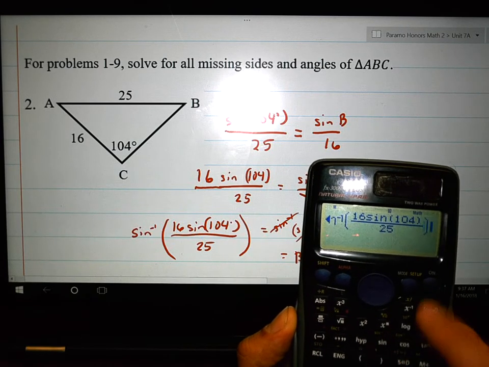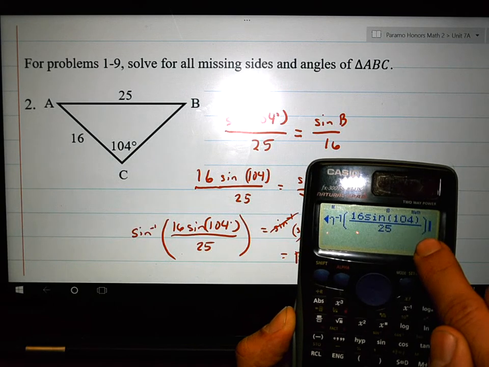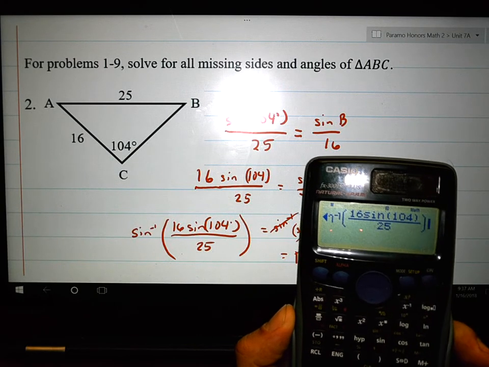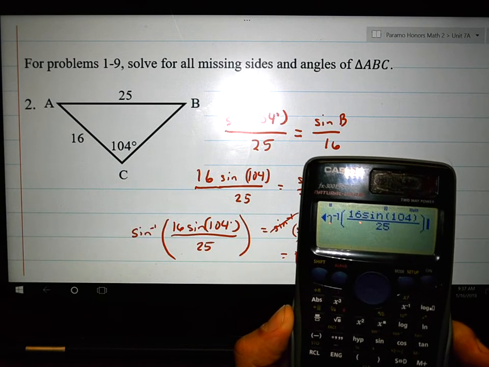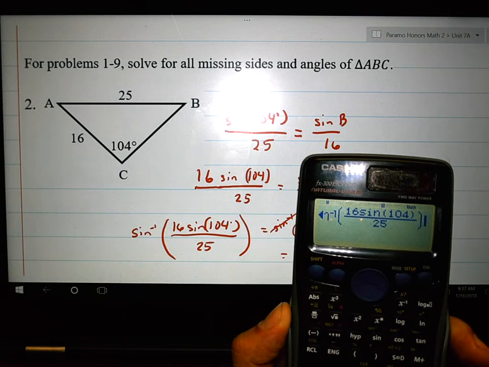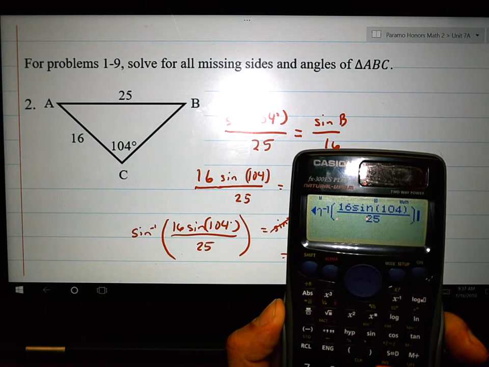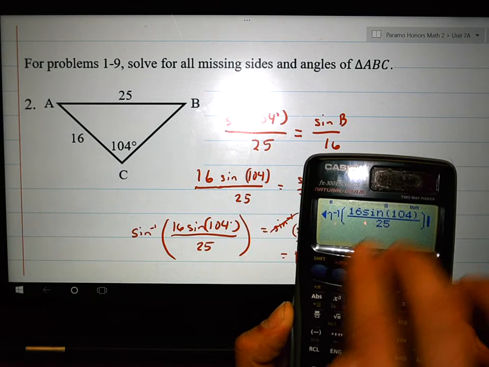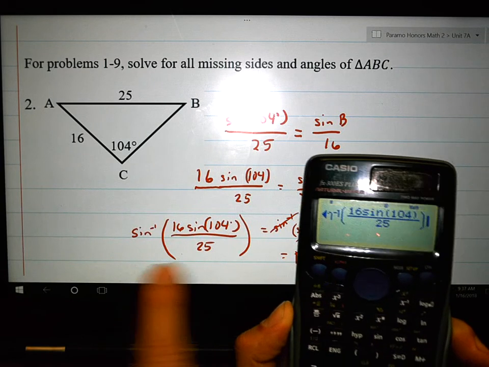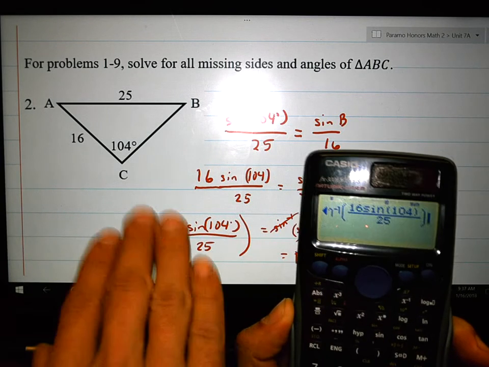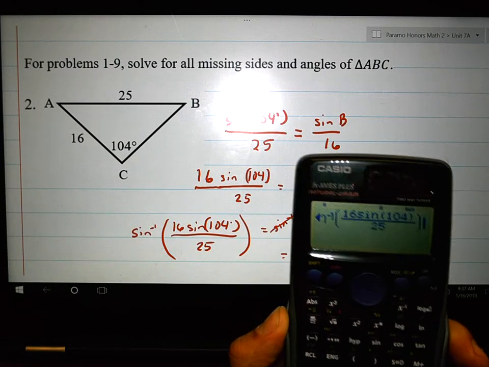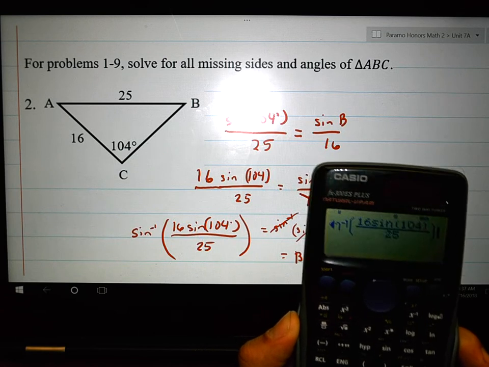And then I usually put an end of parenthesis at the end as well, just so I don't get an error. If you get an error, then a lot of times it's due to the parentheses in your calculator. But I want this to match up with what I have there. And notice that'll give me over half the points for partial credit if you've made a mistake.